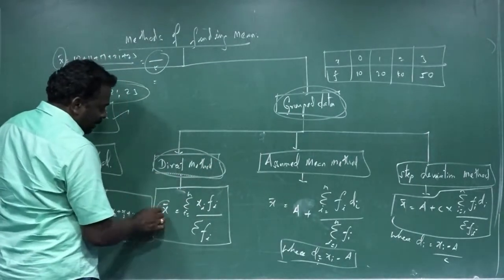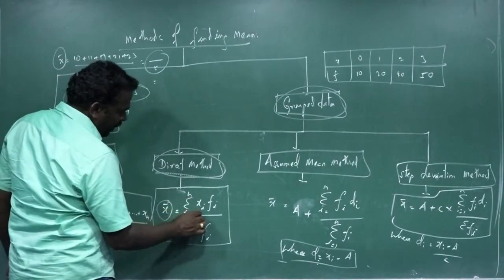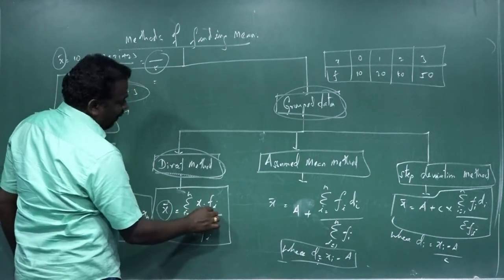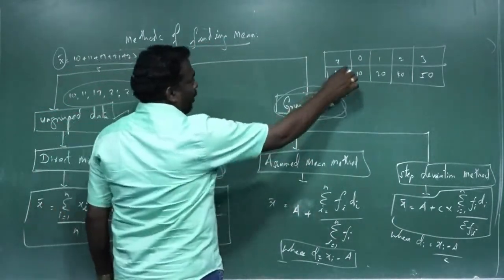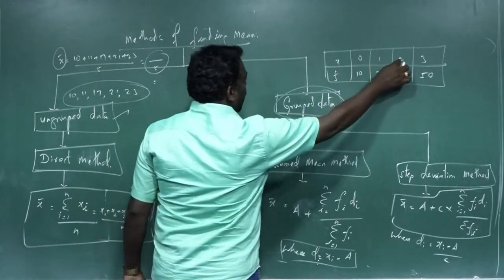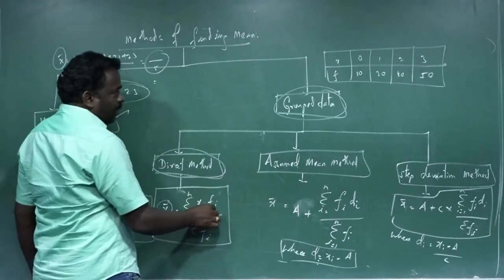The direct method is defined by x bar equal to summation, i takes values 1 to n, of xi times fi, divided by the summation of fi. Here xi means these values: i equal to 1 is the first value, i equal to 2 the second value, i equal to 3, i equal to 4, and fi is the corresponding frequency.